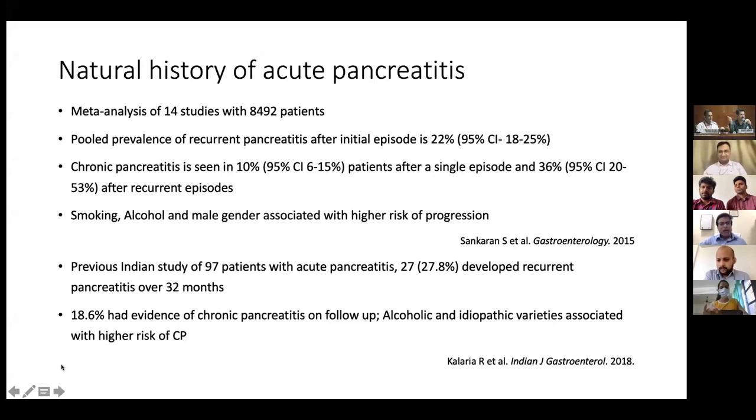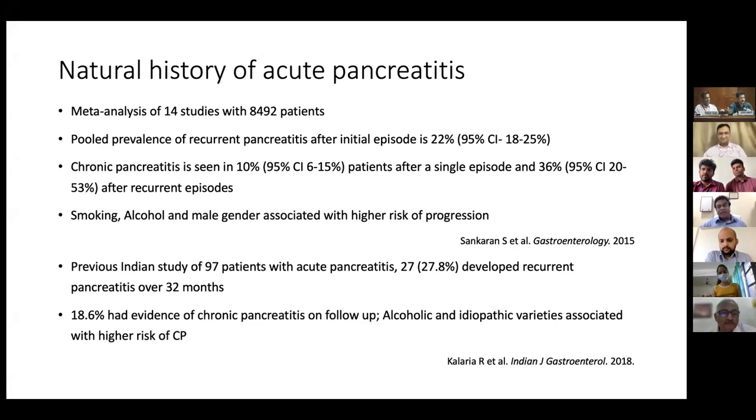I think it's very obvious that recurrent episodes of pancreatitis due to any cause will lead to chronicity for sure. So the point that I'm trying to make is that if you have some treatable cause, especially gallstones, these should not be left. If you read the literature, especially in gallstone disease, the risk of recurrent pancreatitis increases over time.